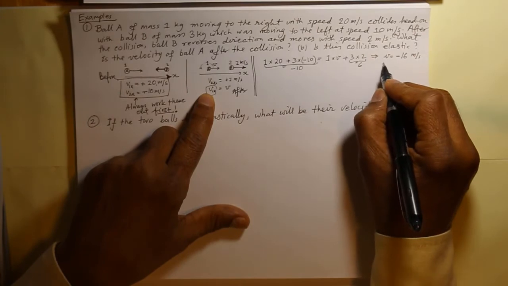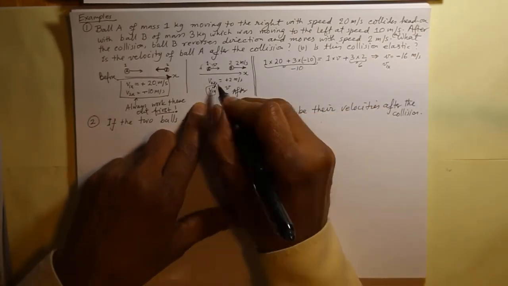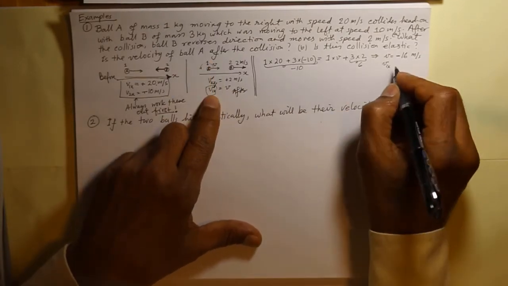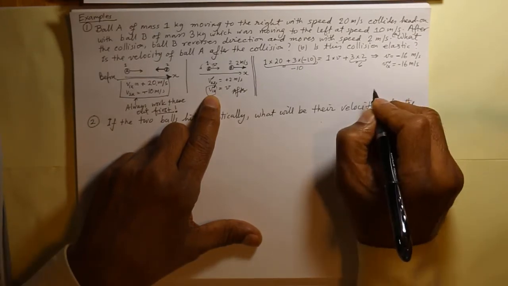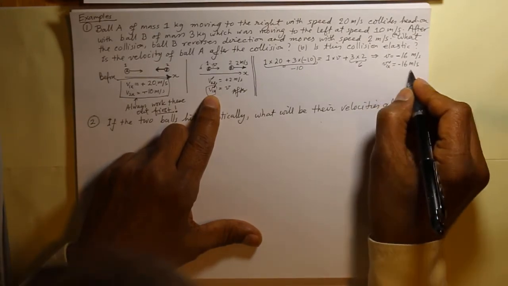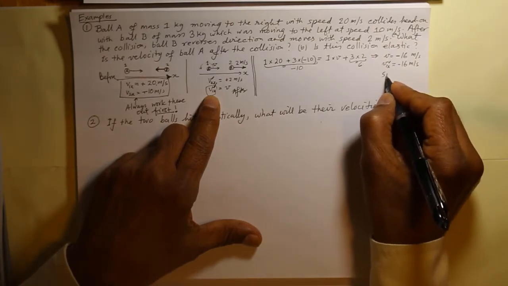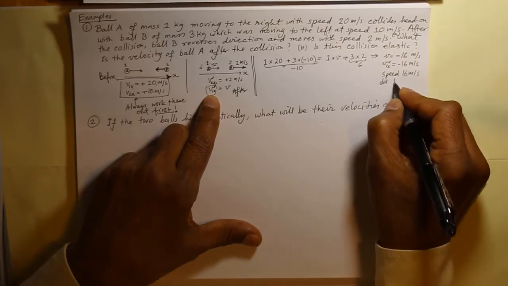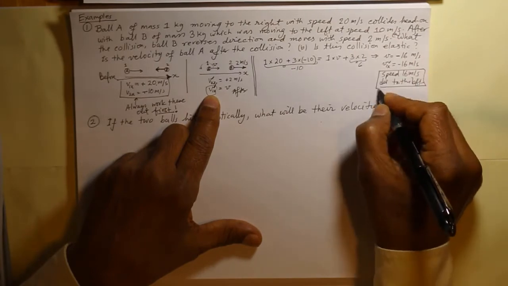Let's call it with a prime, so that I'm consistent with the previous notation. So v1x prime is minus 16 meters per second. If this is the x component, the speed will be 16 meters per second and the direction will be to the left. So that will be the answer.